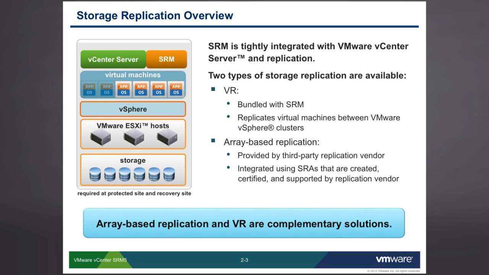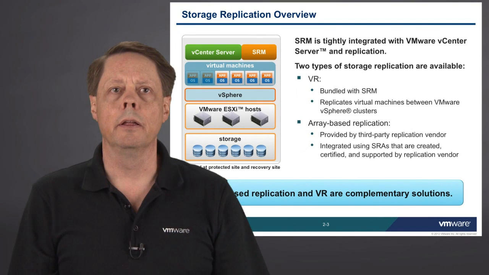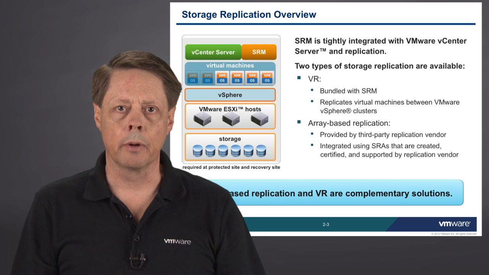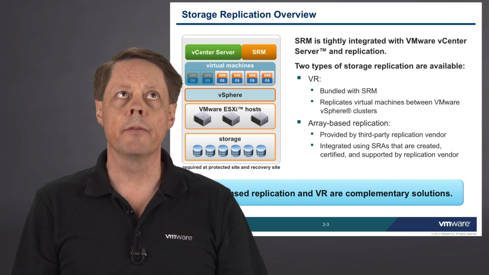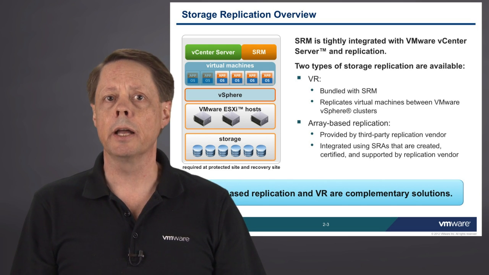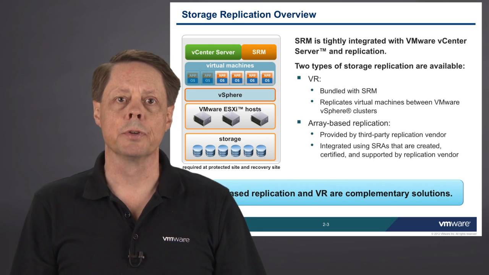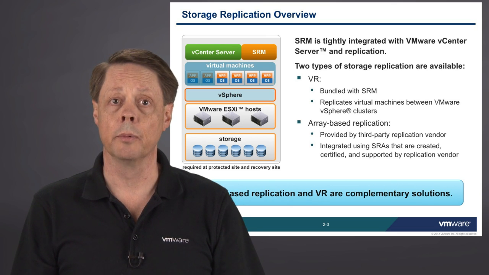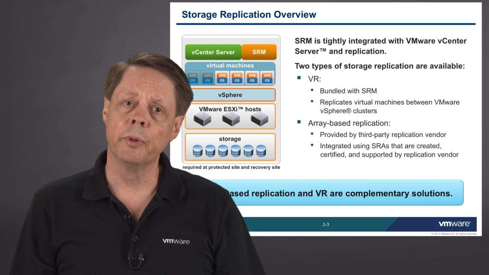Array-based replication and vSphere replication are considered complementary solutions, as you can see at the bottom of the slide. And what that's really suggesting is that for some environments, adding your virtual machines to the array-based replication is leveraging some fairly expensive environment. The idea is that the most critical of our systems, those that have the shortest replication intervals and need to be replicated the most frequently, should probably be supported by array-based replication.